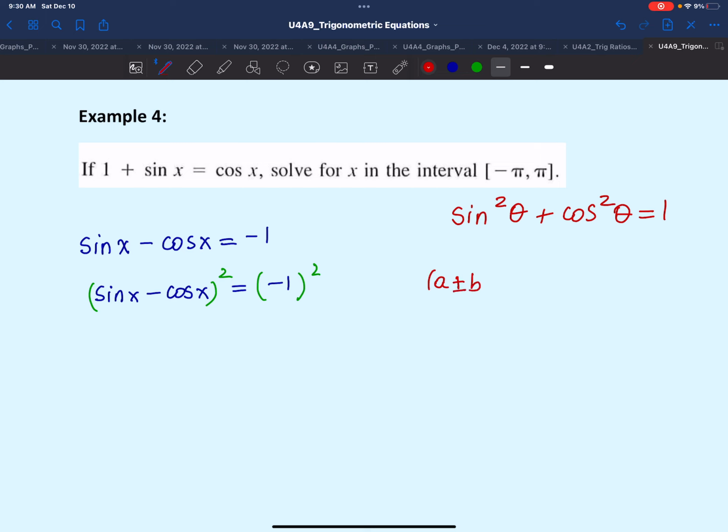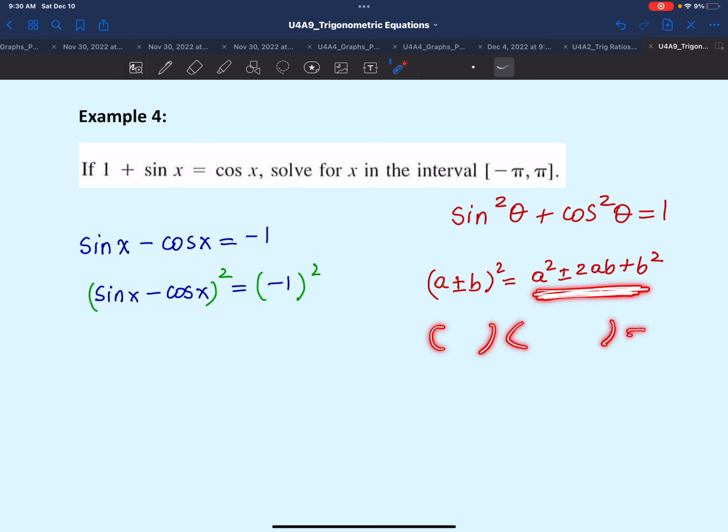If we have a plus or minus b squared, that would be a squared, the middle term will be plus or minus depending on whether it is the sum or difference of a and b, so plus minus 2ab, plus b squared. I know this is a very popular formula we've used in the past, but still see that you follow the long way in some cases by simplifying. There is a shortcut to it, just a reminder.